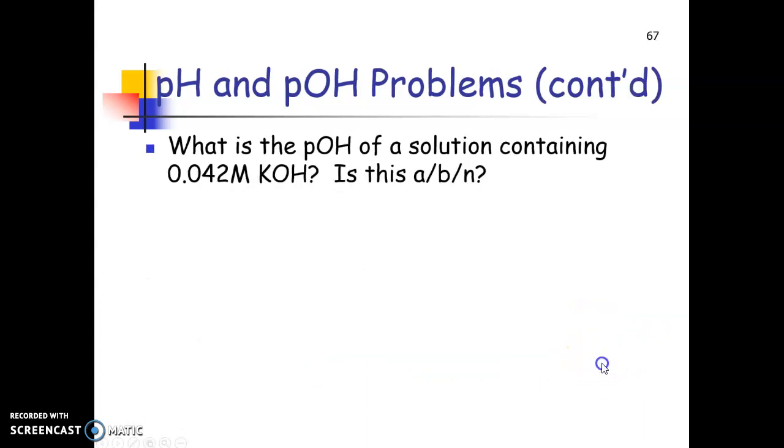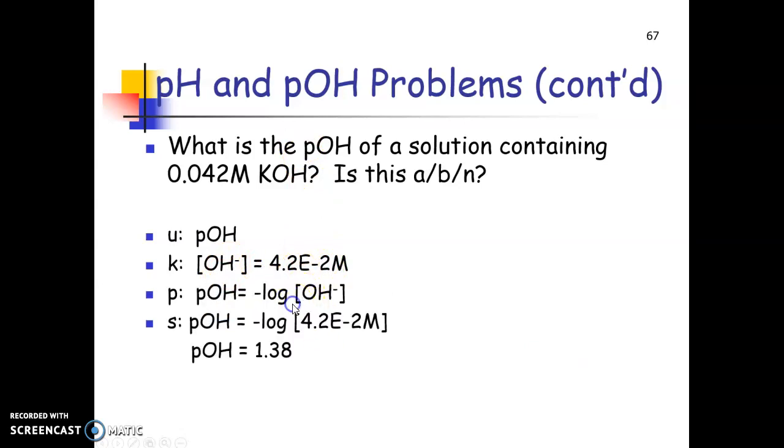So that's what we'll plug in to our calculation. So our hydroxide ion concentration is the same as the KOH, and we'll plug that in to the pOH equation, and we should get a pOH of 1.38. To figure out if it's a base, we'll convert that to pH by subtracting from 14, and that gives us a value greater than 7, so it is a base.